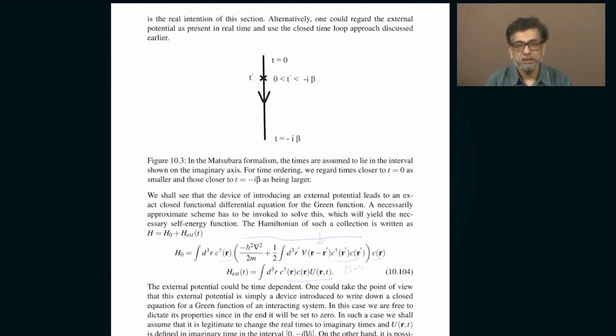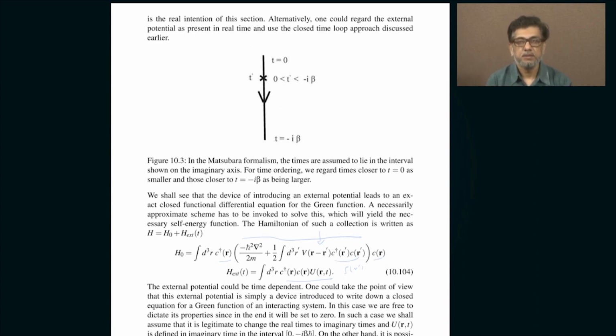The system is in equilibrium, and I am introducing it because I want to derive a functional differential equation for the Green's function which will involve this external time dependent field which will finally go away. Because it will finally go away, I am putting it in for my own technical convenience. I am completely at liberty to choose its properties.